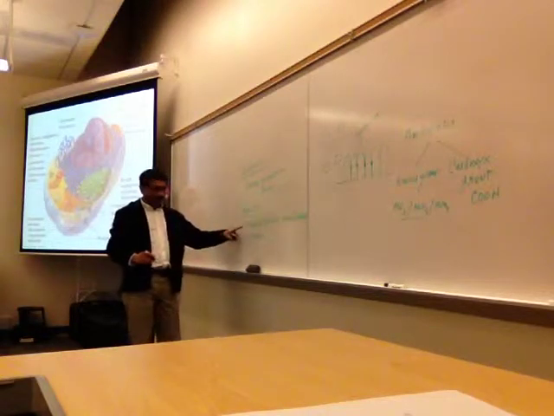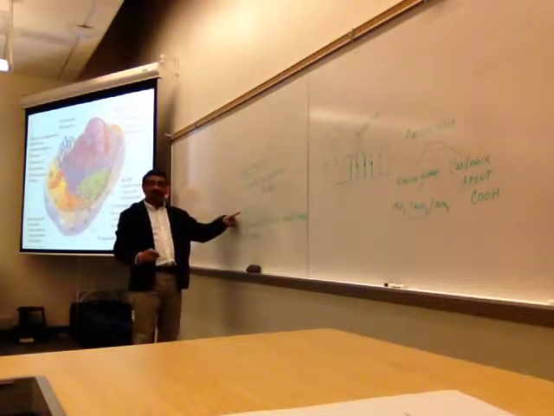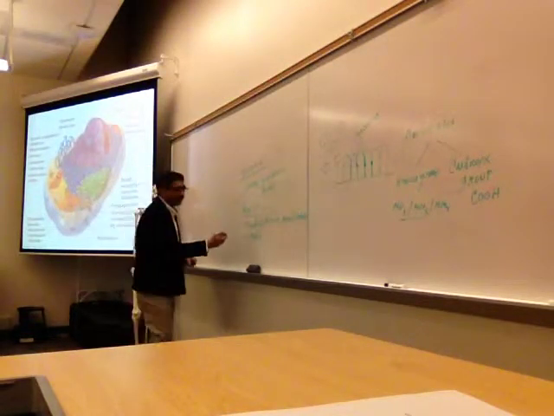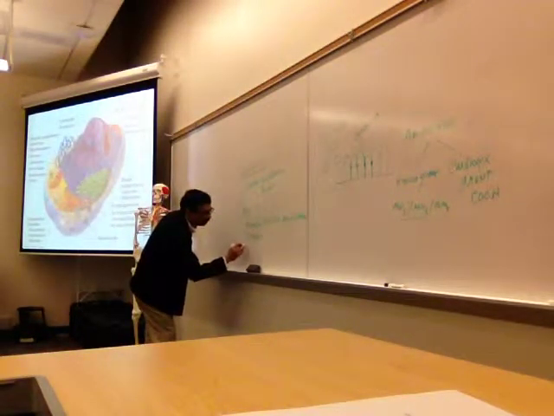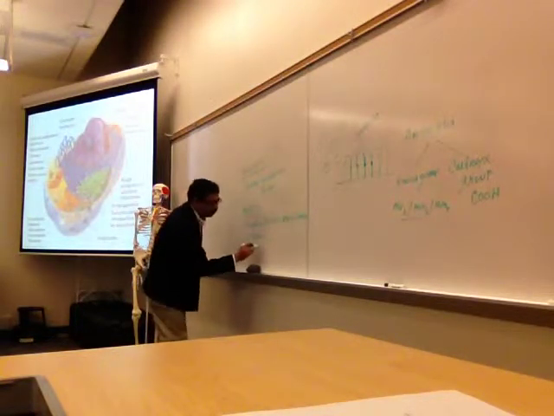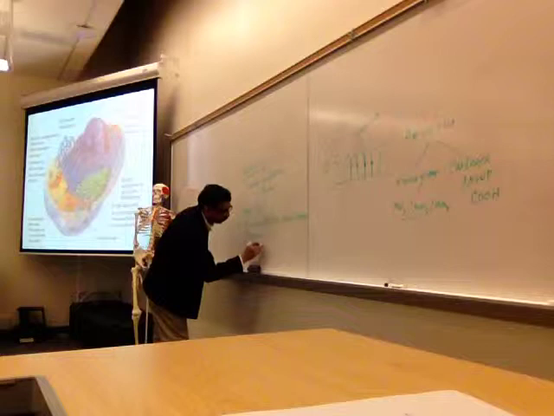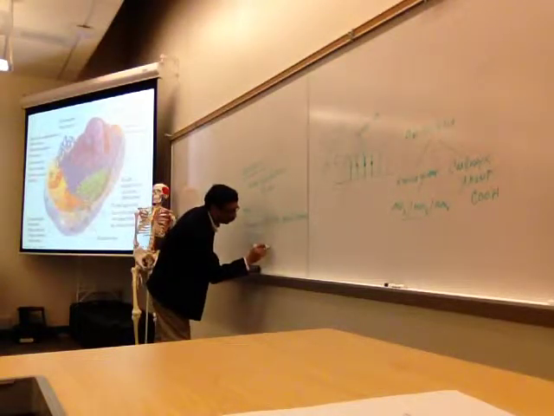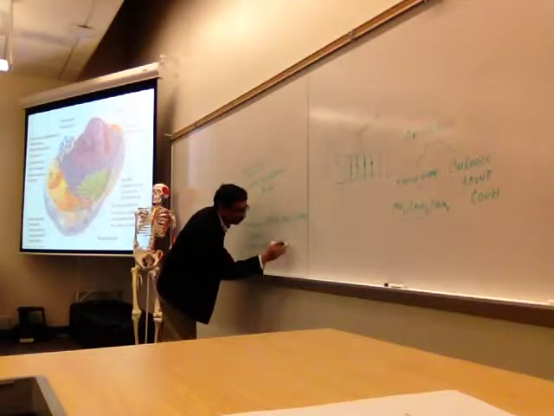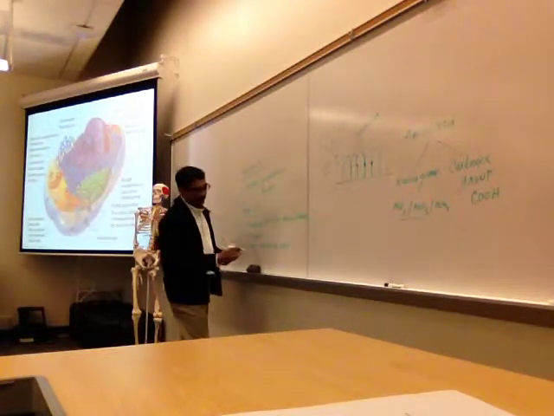And then after doing these two things, rough endoplasmic reticulum will do what? Transport those proteins to the Golgi apparatus, another organelle.